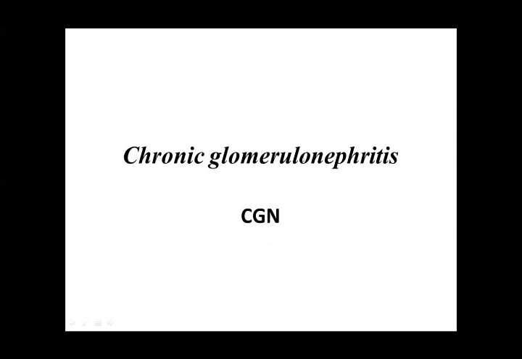What is chronic glomerulonephritis? Is it the name of a disease? Is this a special disease? No, we are not studying special diseases, and we have not studied special diseases except one, post streptococcal glomerulonephritis. The only disease you have studied until now was post streptococcal glomerulonephritis.